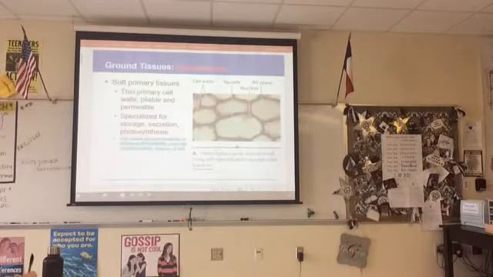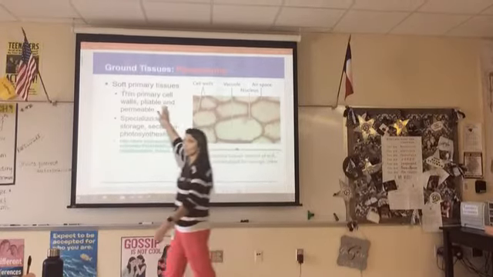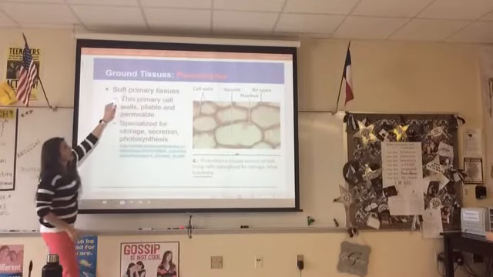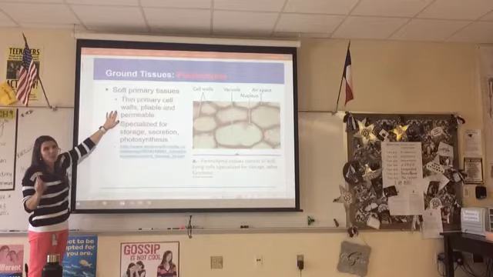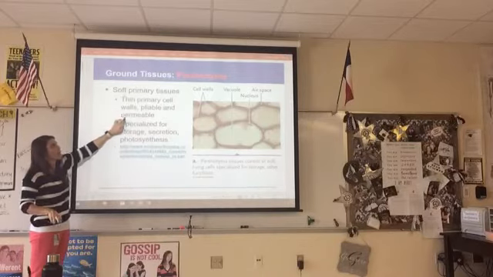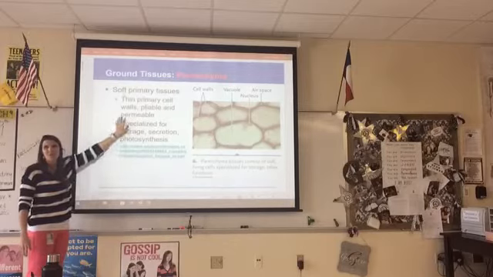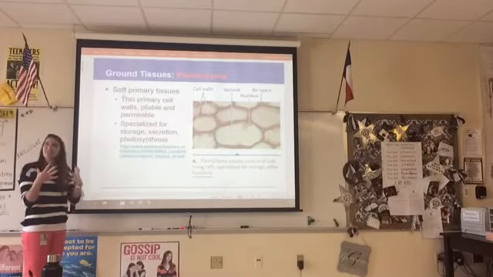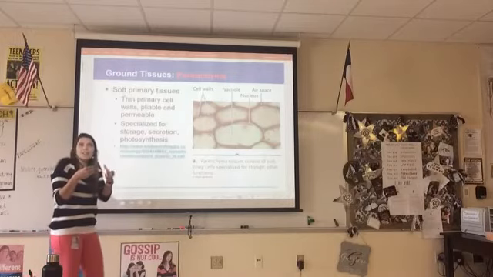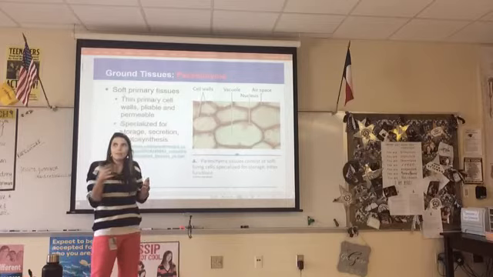Now, parenchymal cells. So this slide is just on parenchyma. It is a soft primary tissue. It mentions that it has primary cell walls, so it only has one, no secondary cell walls. They're pliable and permeable. What do those words mean? You can bend, they're bendable, flexible, and if they're permeable, that means stuff can pass through it.